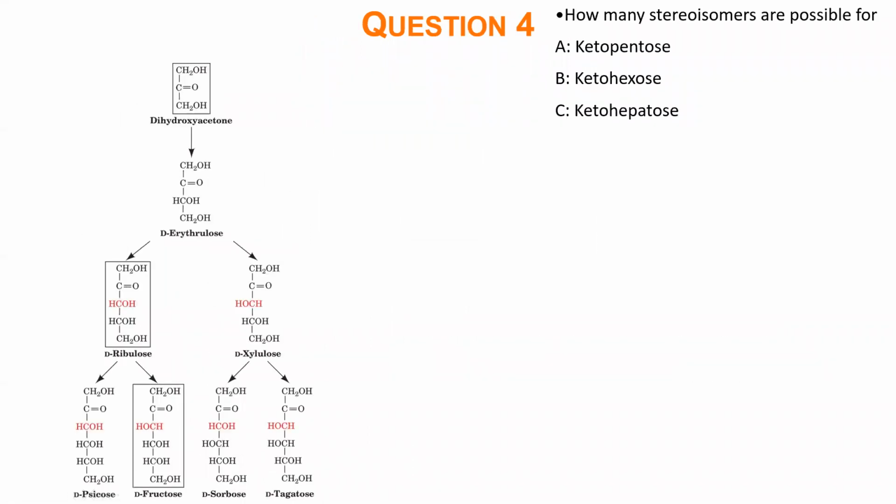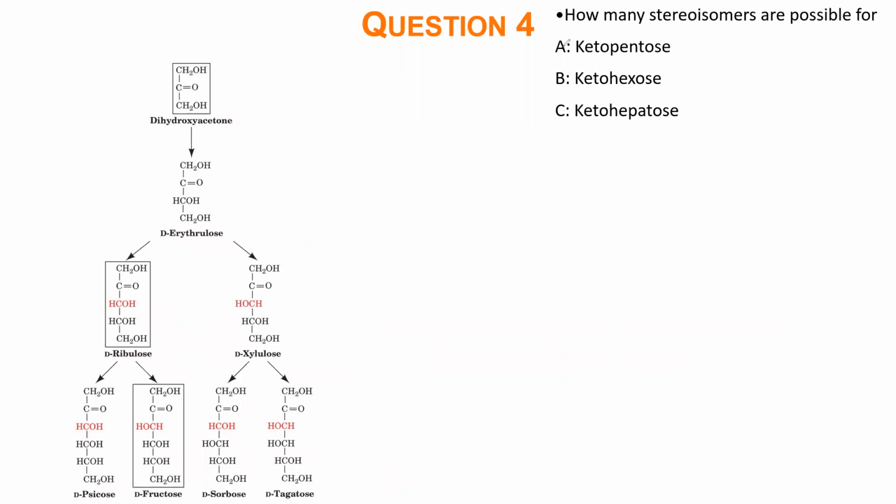So let's test that. For a ketopentose, a ketohexose, and a ketoheptose, how many stereoisomers are possible? I'll do A for us.